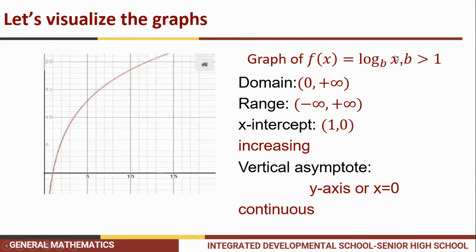Take note from the definition, x cannot equal 0 because it will make the function undefined. So therefore, we don't have a y-intercept. We notice that the graph is an increasing graph, and for our vertical asymptote, we have the y-axis, or x equals 0. And it is continuous.